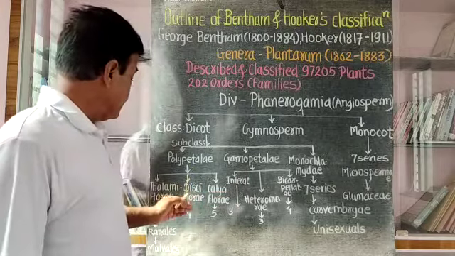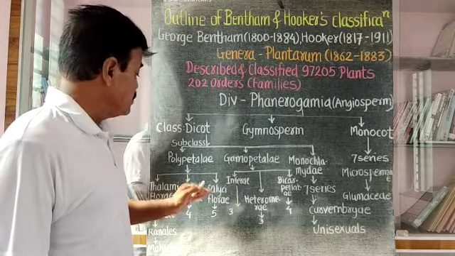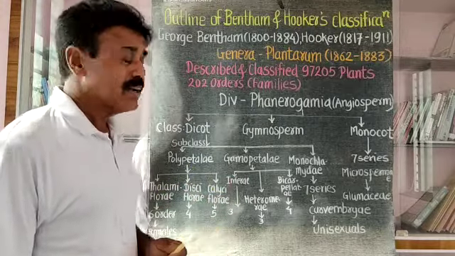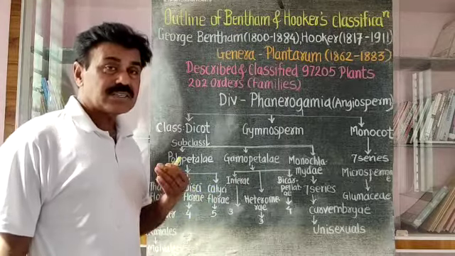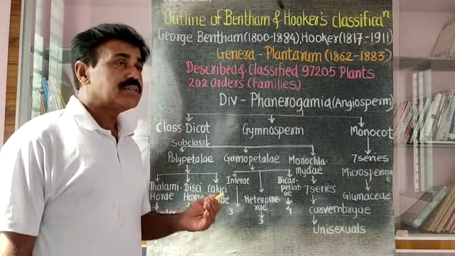The polypetalae series, thalamiflorae, disciflorae and calyciflorae, are again divided into natural orders. It is also called a cohort, and nowadays it is called a family.